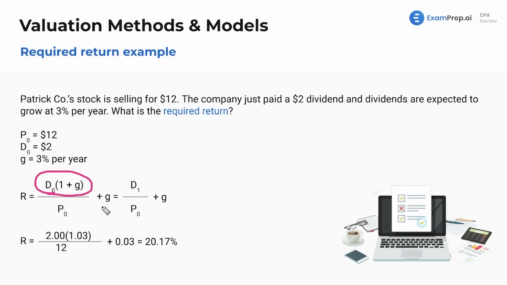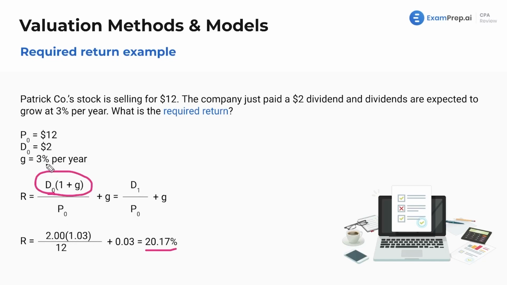We're trying to determine what is the required return, or essentially what we need to make in order to break even. So we are taking into account the dividends up top, and it just paid a $2 dividend. So we have to do 1.03, 1 plus the growth rate. That gets us our dividend for next year.